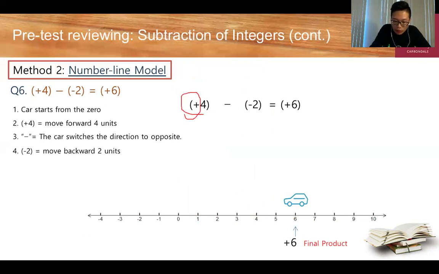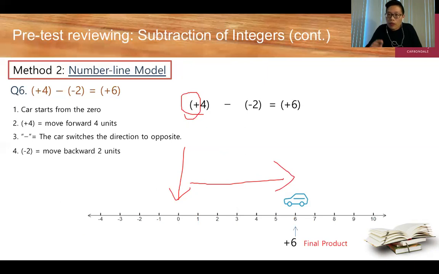We start the car here, and the plus sign means the car will move forward for whatever units, like 4 here, okay? So this is one point where you may lose score for this question with your original answers, okay?